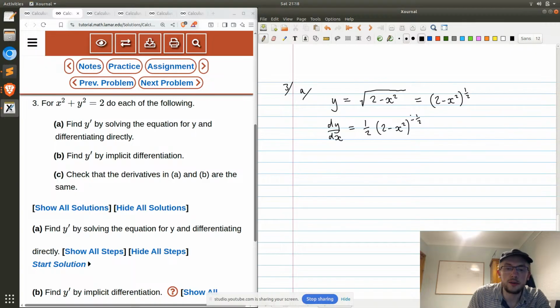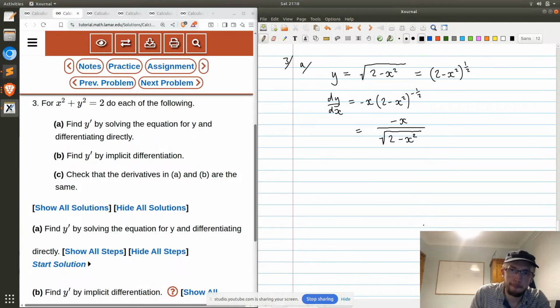Now, 1/2 times negative 2x is negative x. So that would just become negative x, and then we obtain that.